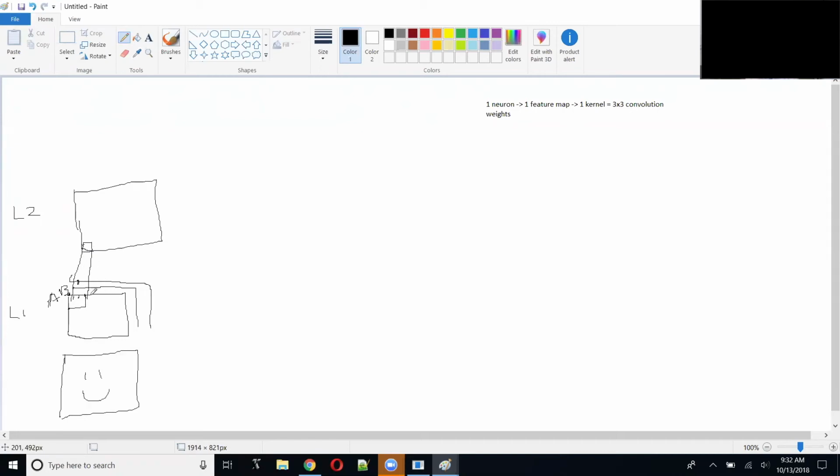But it's also looking at neuron B's 3 by 3, I can't really call that pixels, and neuron C's 3 by 3, right? So this one neuron is looking at that whole set A, B, and C, and it's summing up the activations for A, B, and C.